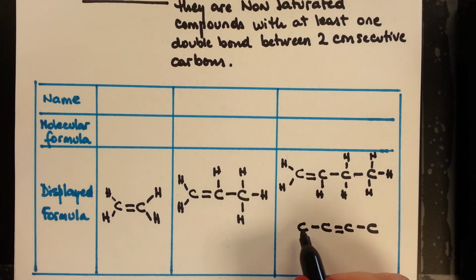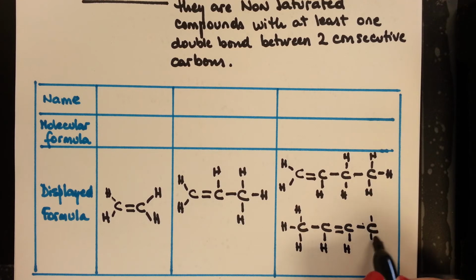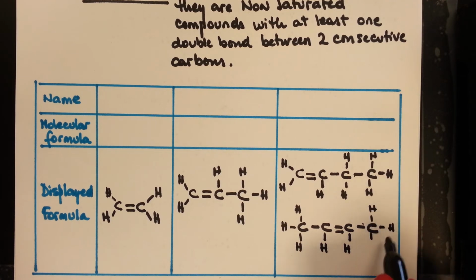And in this one, I have only one bond here, so I need 3. And this one has 3, so it needs 1. This one has also 3, 1, 2, 3. So it needs 1, and this one needs 3 to complete the 4 bonds that are needed.